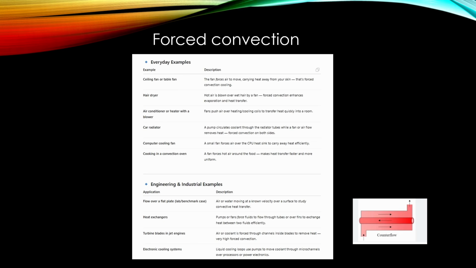In industry, typical examples of forced convection are heat exchangers. We use pumps and fans to force fluids to go through those units. On the right side you see a schematic picture of a heat exchanger.